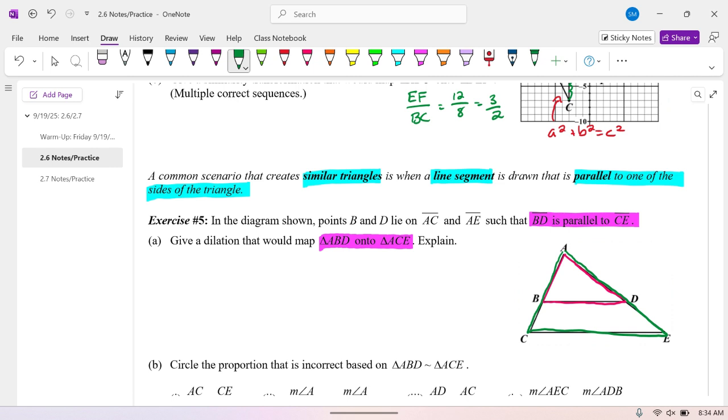Now, we're not going to figure out numbers or anything, but we are going to at least list the proportions. So, if we were listing proportions, what is one set of proportional sides?